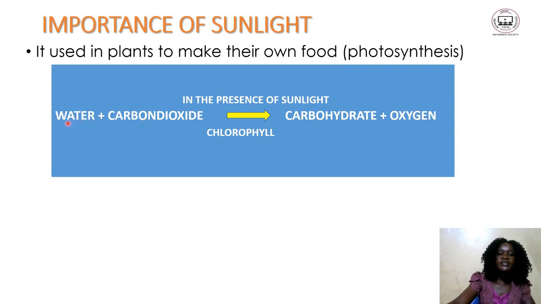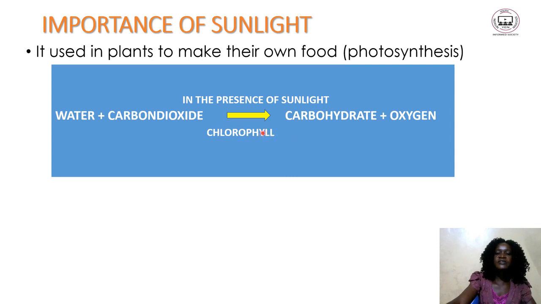But with the presence of these two raw materials alone, the plants cannot make their own food. They also need the presence of sunlight. For the sunlight energy to be trapped, they need the green pigment found in the leaves of the plant, called chlorophyll.